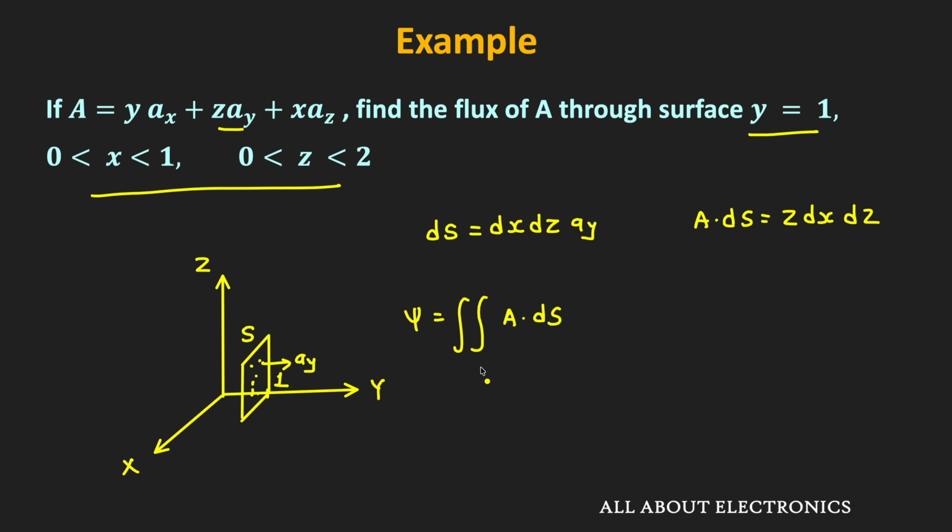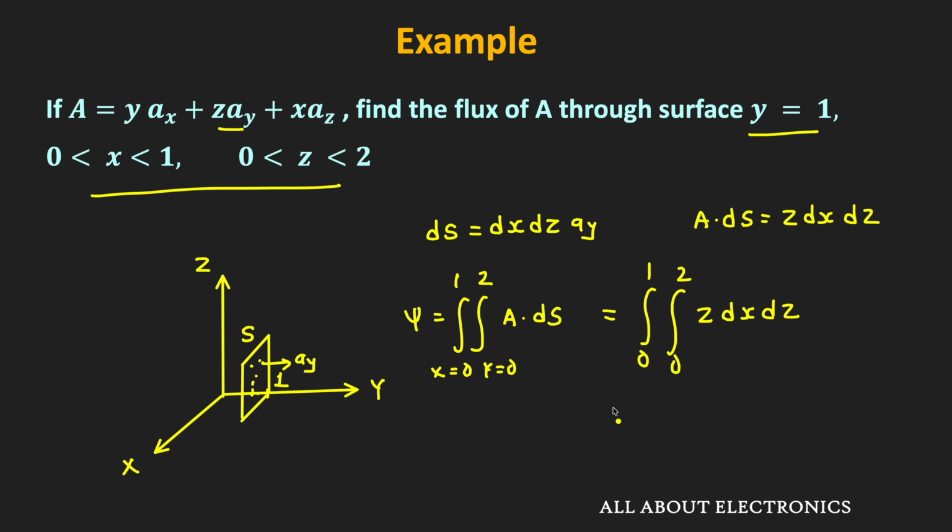Here the range of x varies from 0 to 1, while z varies from 0 to 2. That means the flux passing through the surface S can be given as the integration from 0 to 1, integration from 0 to 2, of z times dx times dz.